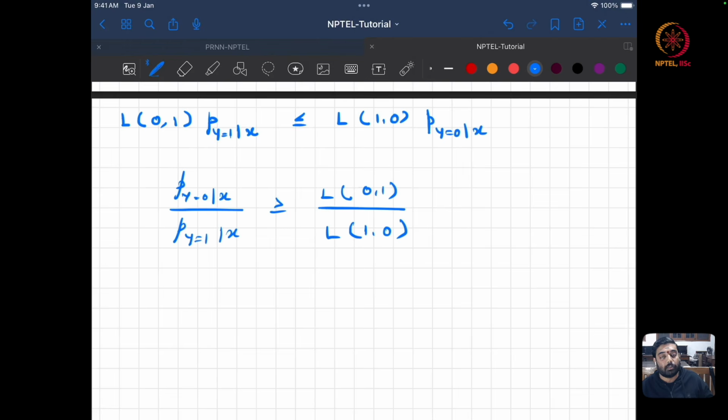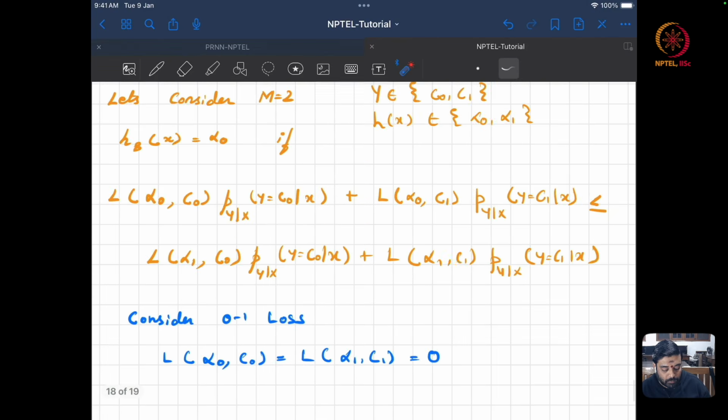Yeah, this you can look into. This is what is known as the ratio of odds, famously known as the ratio of odds.